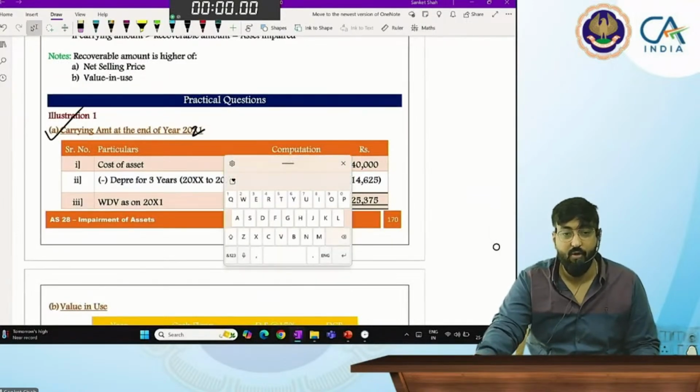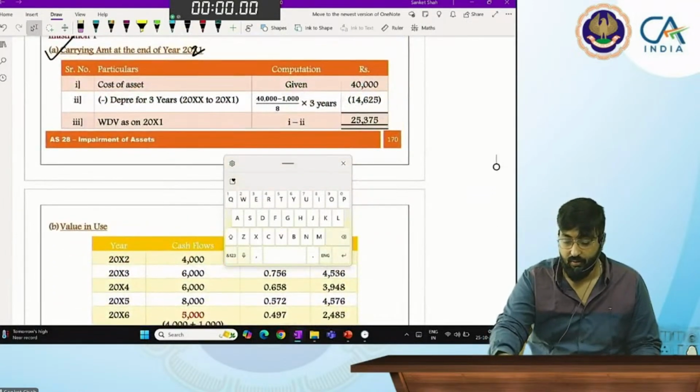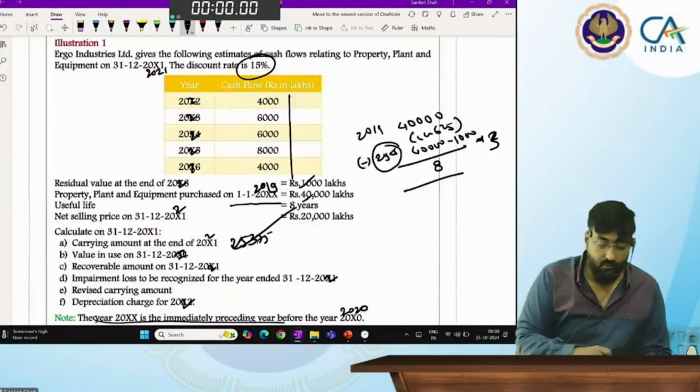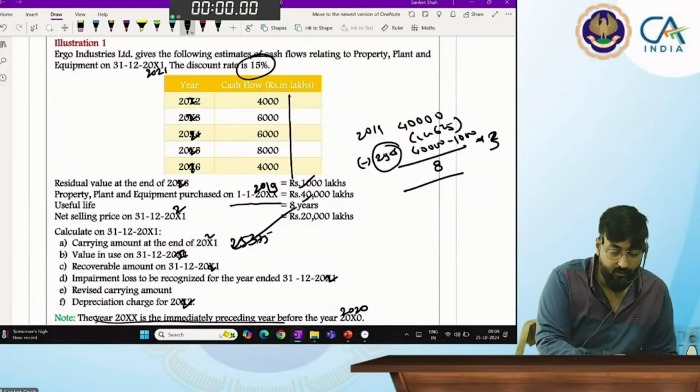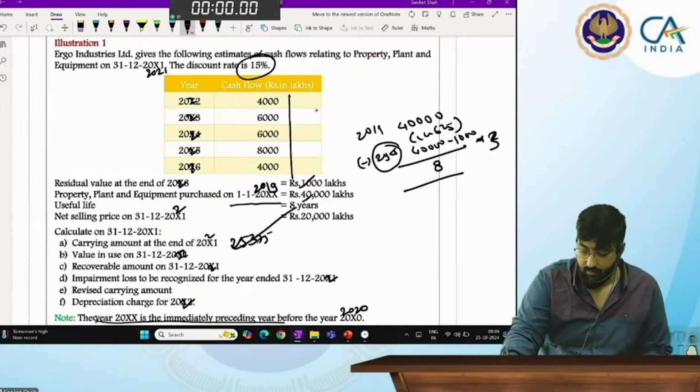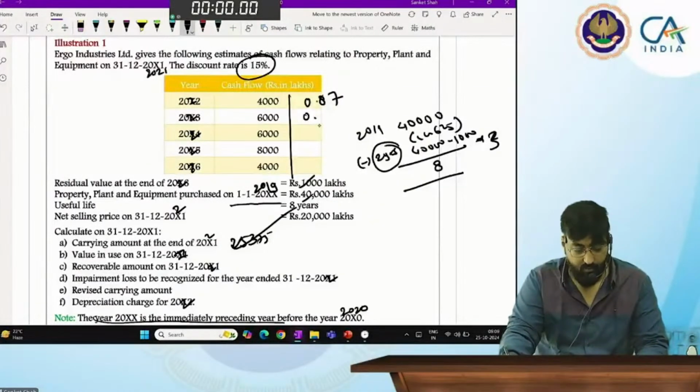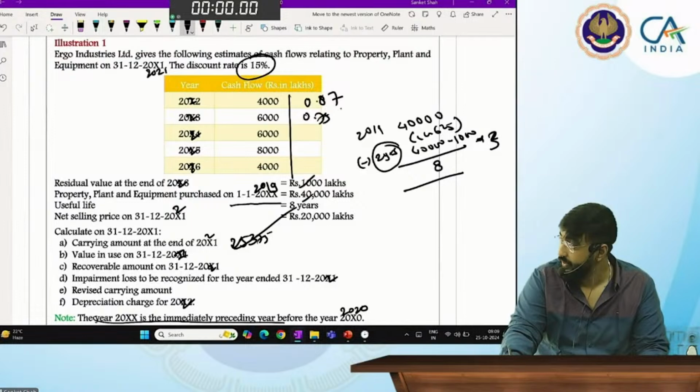Yes, sir. Value in use कैसे निकालेंगे? 3 digits ले लेना. 1 divided by 1.15. 3 digits ले लीजिए. 0.87, 0.756, 0.658, 0.572.